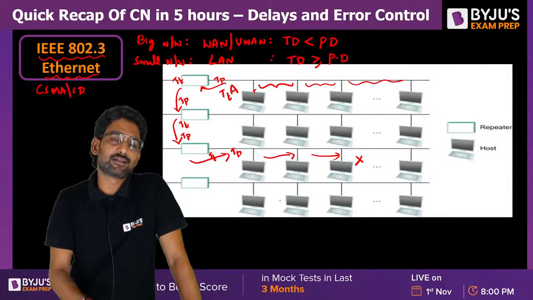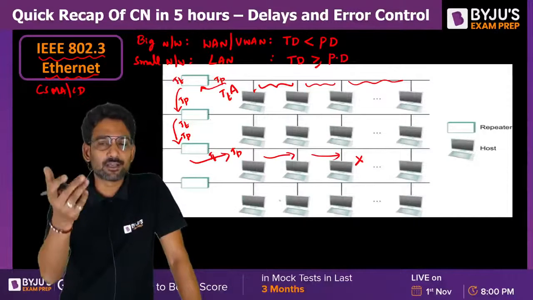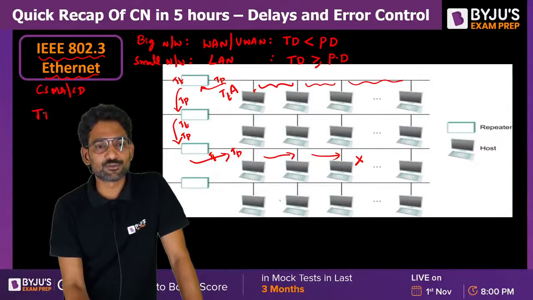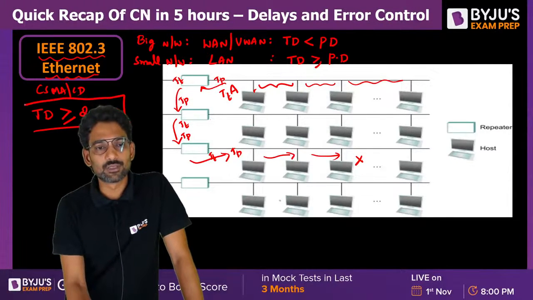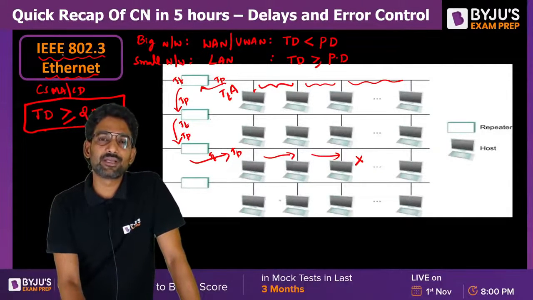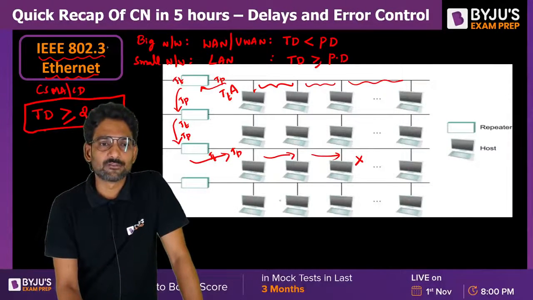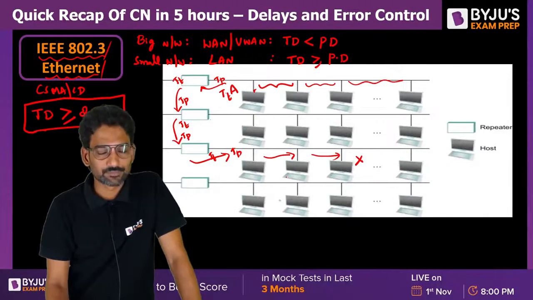So this particular network maintains the distance, packet size, propagation speed, bandwidth in such a way that at any point of time you see transmission delay will be greater than or equal to 2 times propagation delay. So this will be applicable only in IEEE 802.3 or Ethernet or CSMA CD networks. So in the question, when you find this term, then only you are supposed to apply this relation. Got it?